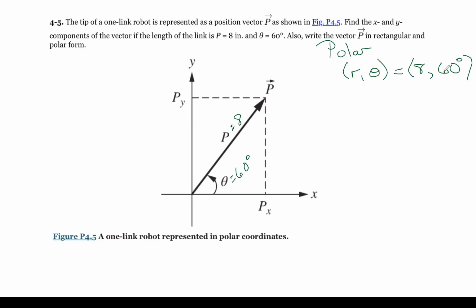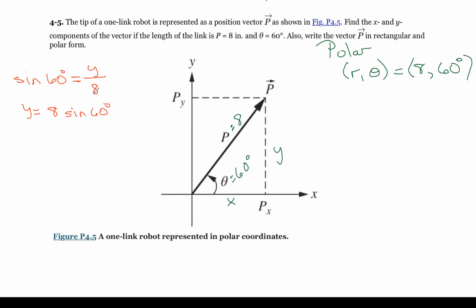To break it down into its component form, I have to find x and y. We have the sine of 60 degrees is equal to y over 8, and that means that y is equal to 8 sine of 60 degrees.